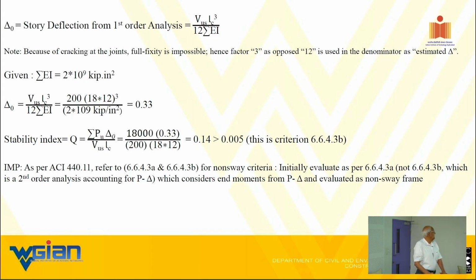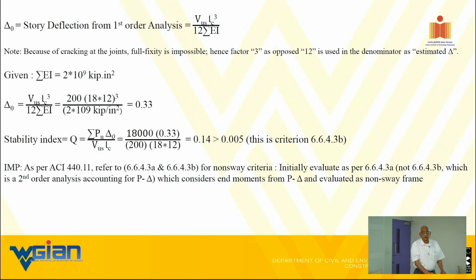That is the equation given by the code for the first order analysis. Because of cracking of the joint, full fixity is impossible, hence a factor of 3 as opposed to 12 is used in the denominator as estimated deflection.